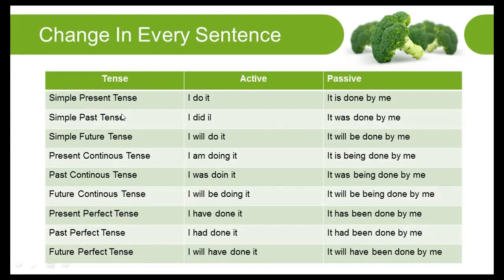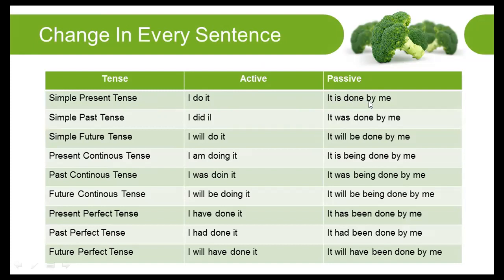In the simple present, as we know before, in the active sentence the subject is I, do is the verb, and it is the object. We change it to a passive sentence: it comes firstly, after that the to be, because in simple present the to be is is, and do we change to past participle form or verb 3.